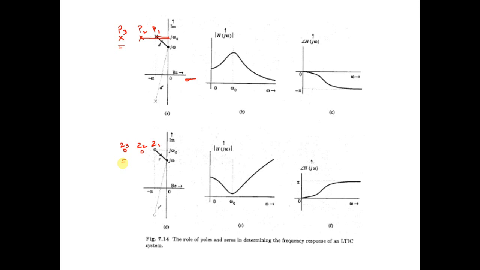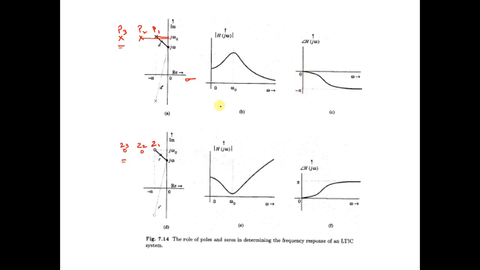There is another interesting parameter. What happens when we place a pole on a 0 and vice versa? When we place a pole on a 0 or a 0 over a pole, what will happen?